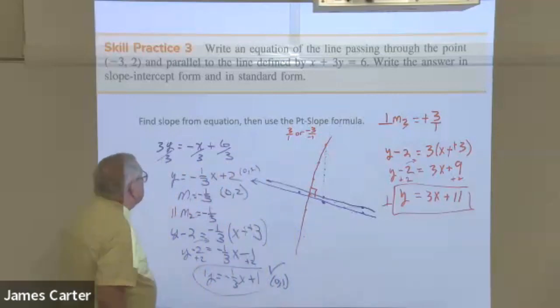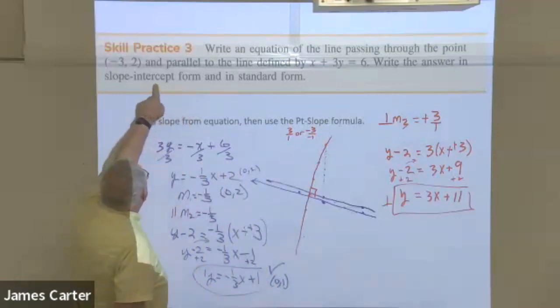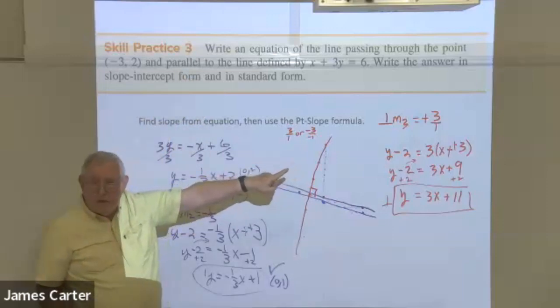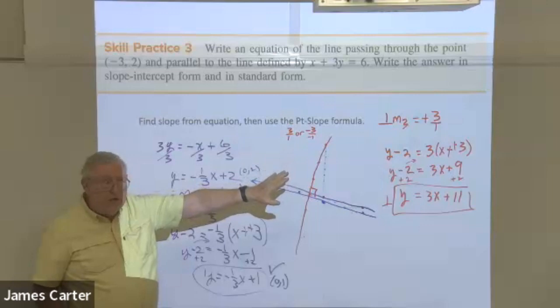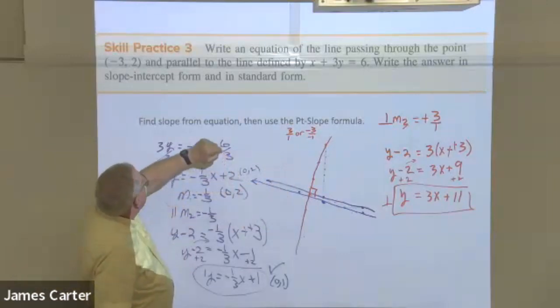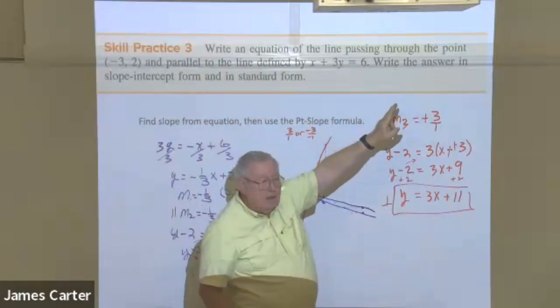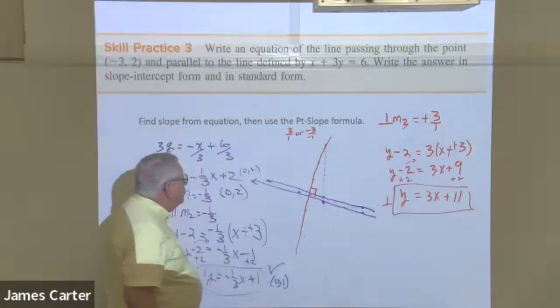Okay. They could give you parallel. They could give you perpendicular. You've got to know how to deal with it either way. And keep in mind, anytime it says write an equation of the line, what formula are you going to use?